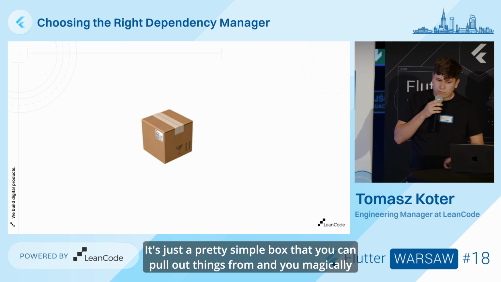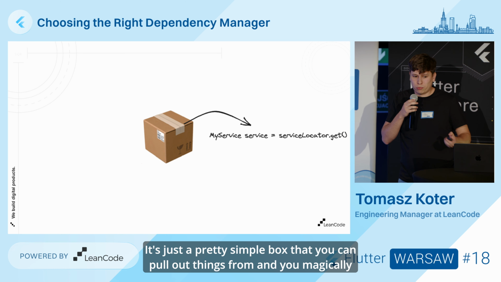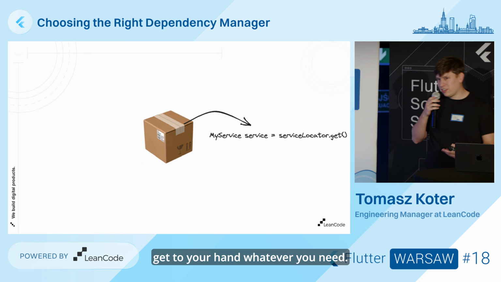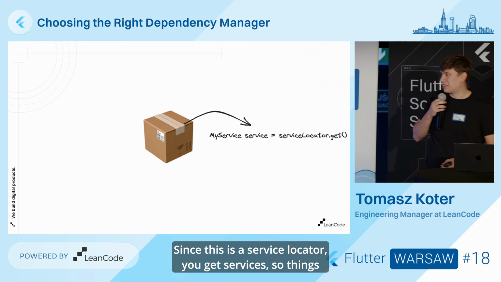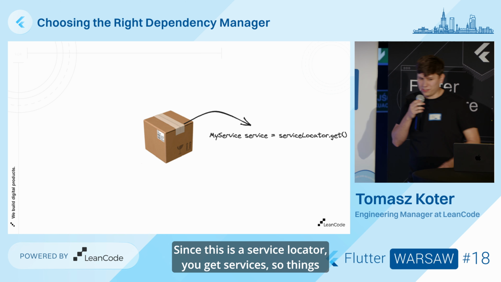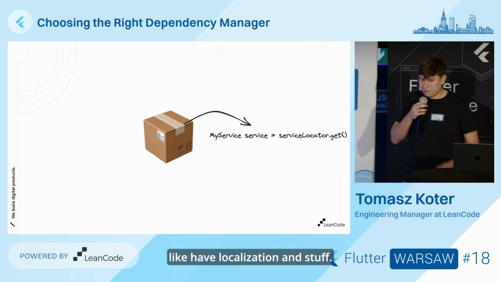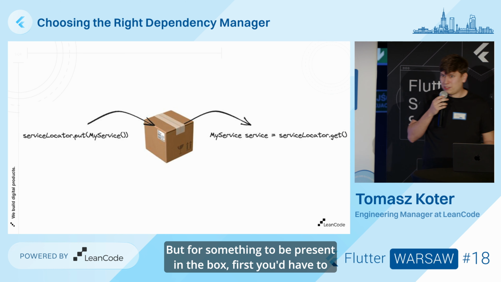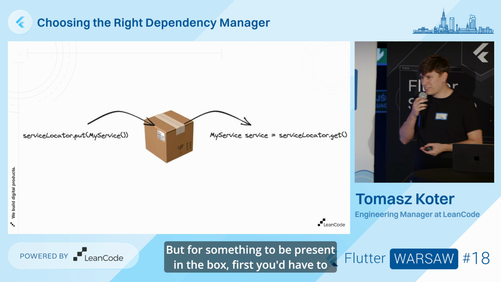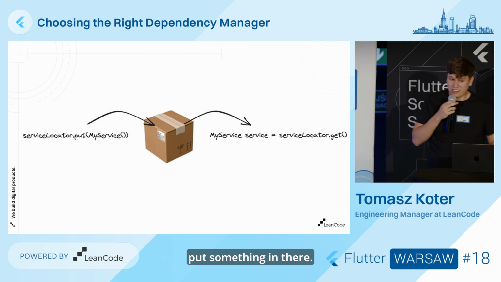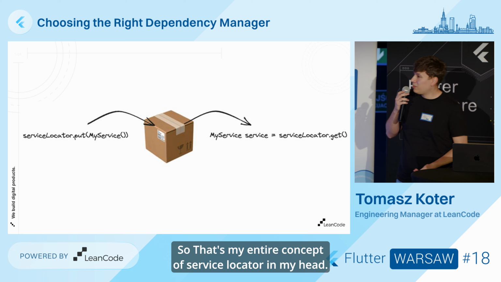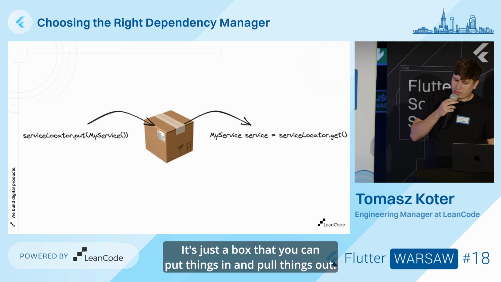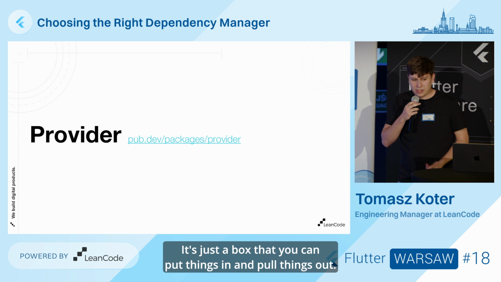It's a pretty simple box that you can pull things out of, and you magically get in your hand whatever you need. Since this is a service locator, you get services, things like app localization and stuff. But for something to be present in the box, first you have to put something in there. So that's my entire concept of a service locator in my head. It's just a box that you can put things in and pull things out.